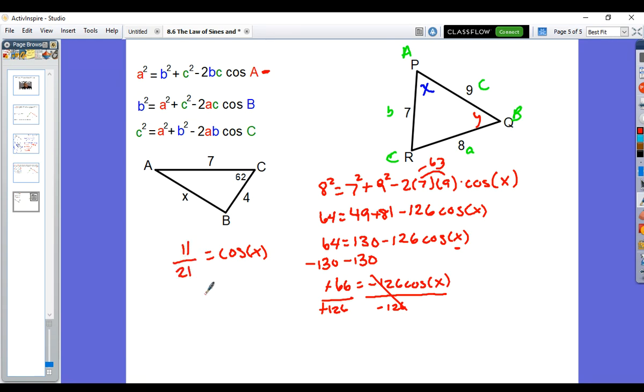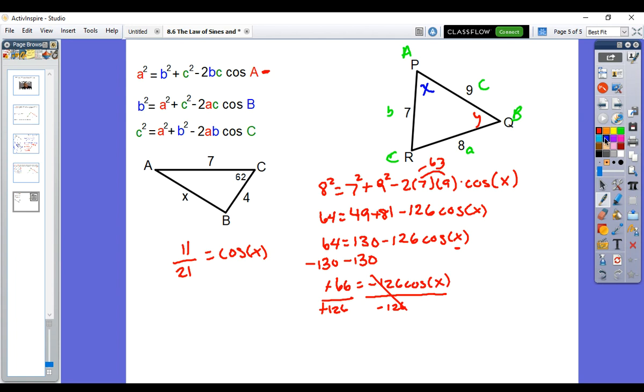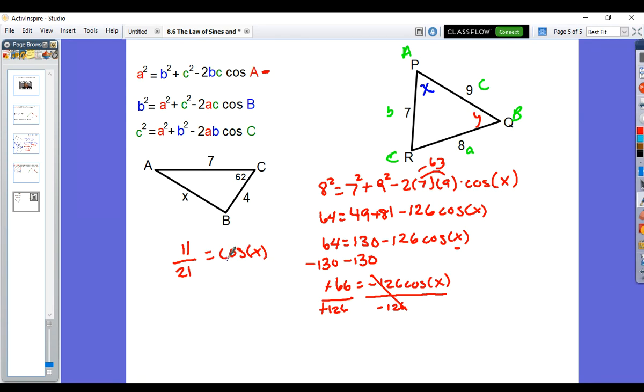Now at this point, how do we get x by itself? We have to get rid of the cosine, and the only way to do that is to apply its inverse to both sides. That crosses this out, leaving me just the x. On this side, we have cosine to the negative 1 of 11 over 21. This is what goes in your calculator.